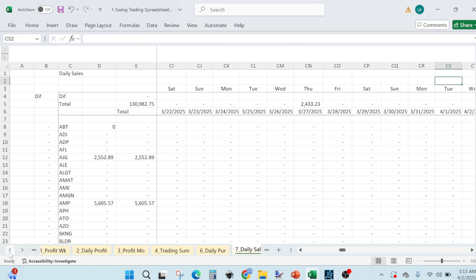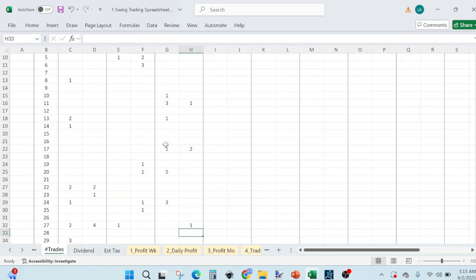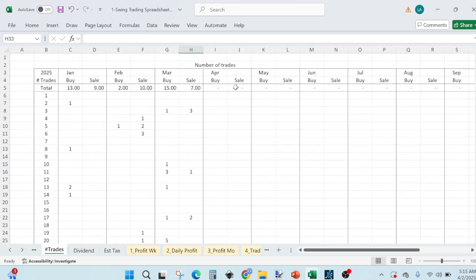So on that note, we can look at the number of trades for the month of March. We purchased stocks 15 times, and depending on the day, you can see we purchased 3 different stocks that day, and on the 20th we purchased 5 different stocks.